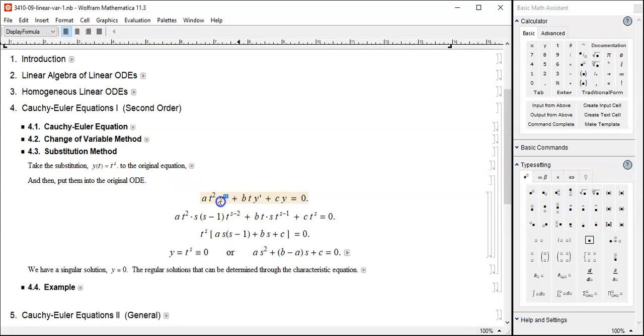So y double prime is equal to this, y prime is equal to that, y is equal to t to the s power. You've done this before. Please note that t squared and t to the minus 2 power, t first power and t to the minus 1 power, just cancel each other out, and we have t to the s power common.